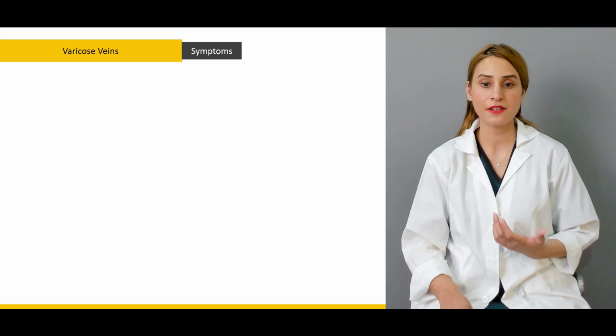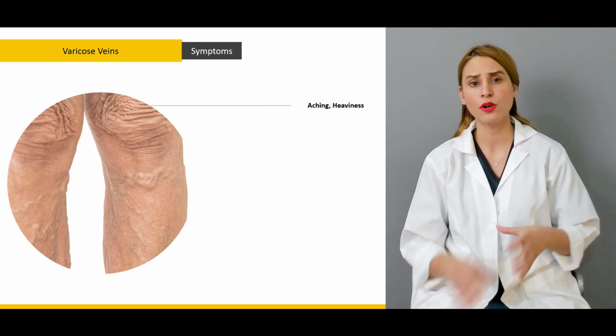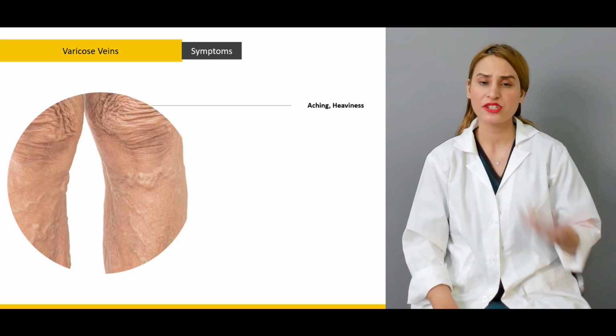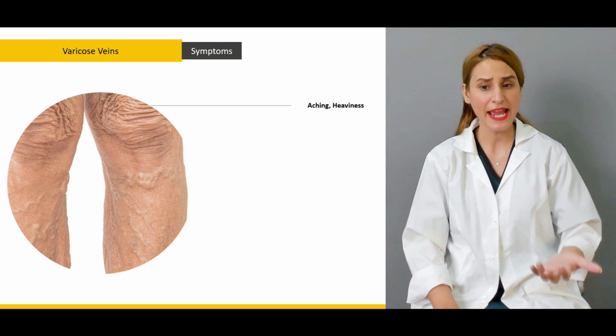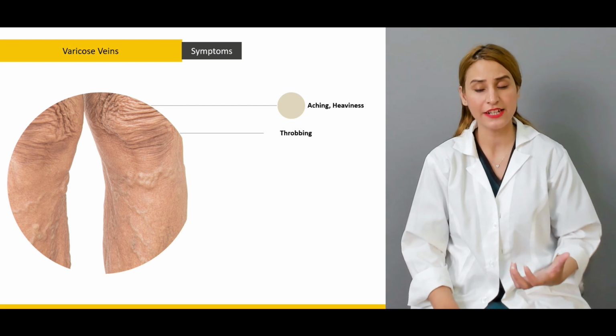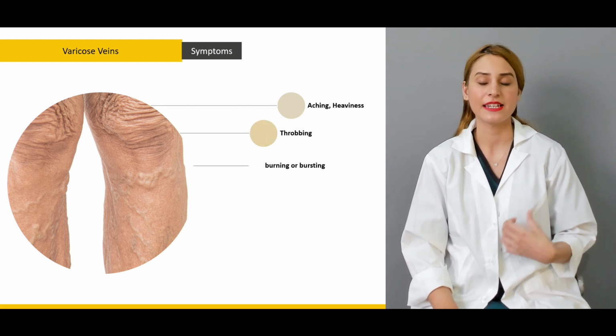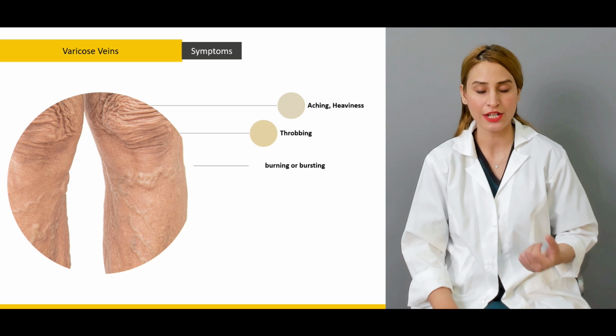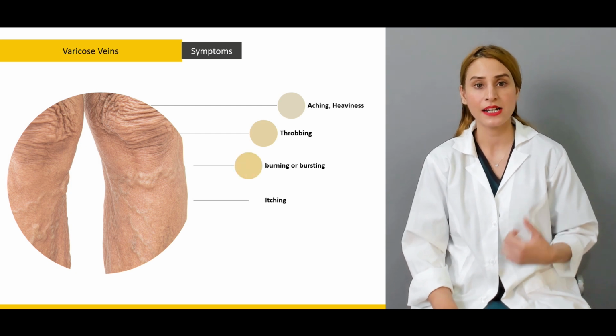Now, what are the symptoms of varicose veins? Already almost all the clinical features. The patient can complain about aching and heaviness, the throbbing nature of the pain, and burning or bursting sensations.